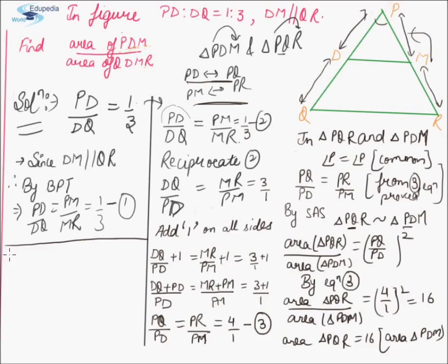When these two shaded portions are added, they will give the complete area of the triangle PQR, the total triangle. So from this equation, let it be 5, we can substitute area of triangle PQR as 16 times area of triangle PDM. And the right hand side remains the same.